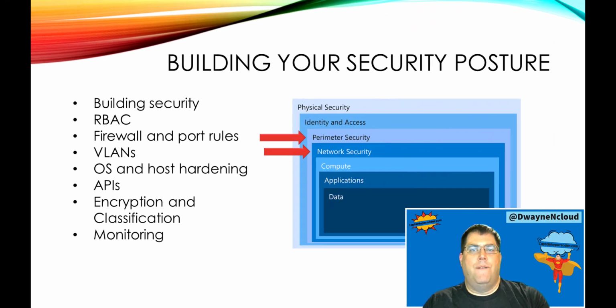Again, for review, we're building our security posture around our network environment with perimeter security and network security. We talked about network security around isolation with VNets, and creating access control rules with NSGs, which also provide that network security component.